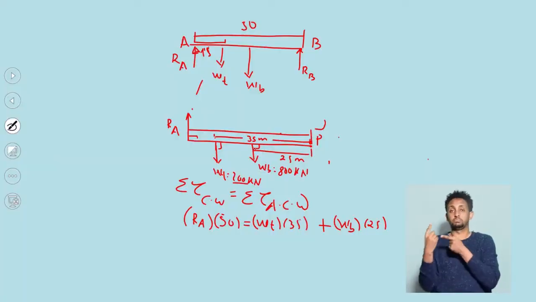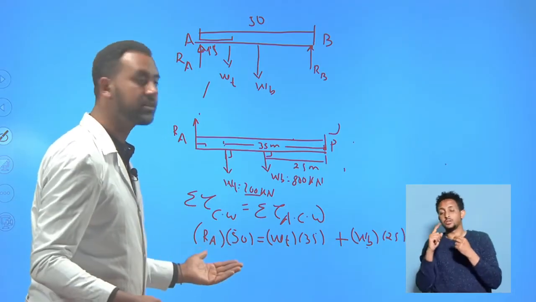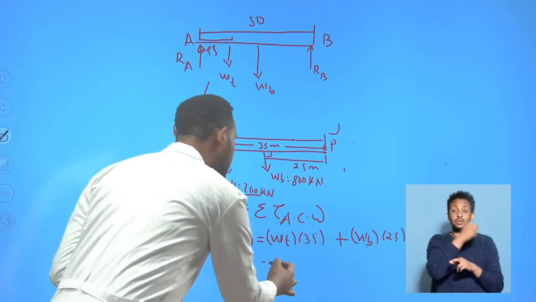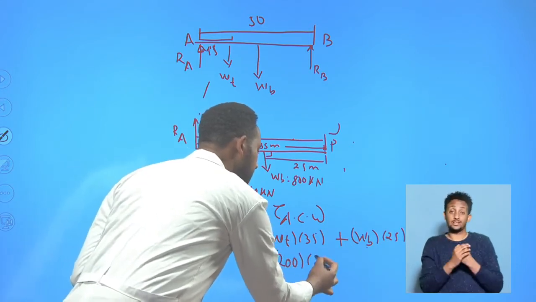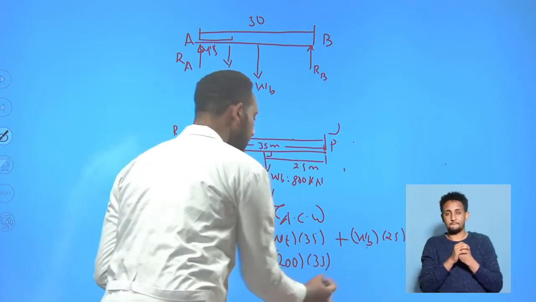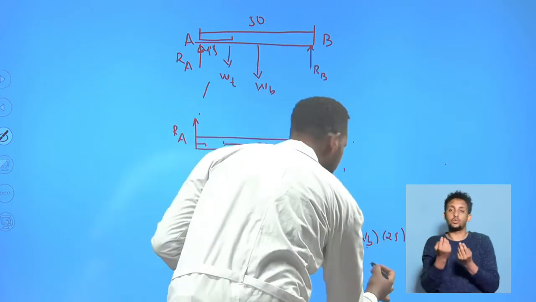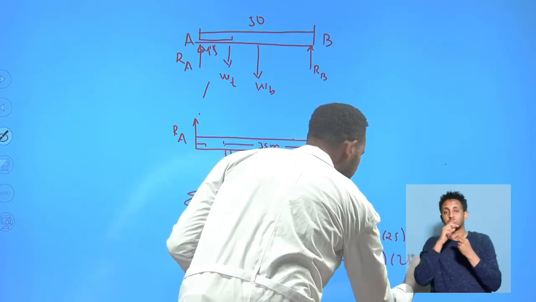Therefore, the weight of the bridge times 25, and the weight of the truck times 35, and reaction A times 50. Actually, the only thing that we didn't know is the reaction at point A, because the weight of the truck is 200 kilonewton times 35, and the weight of the bridge is 800 times 25.